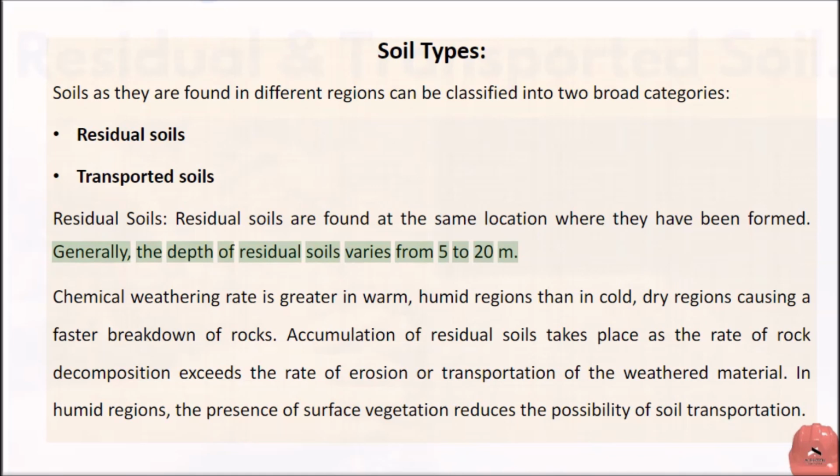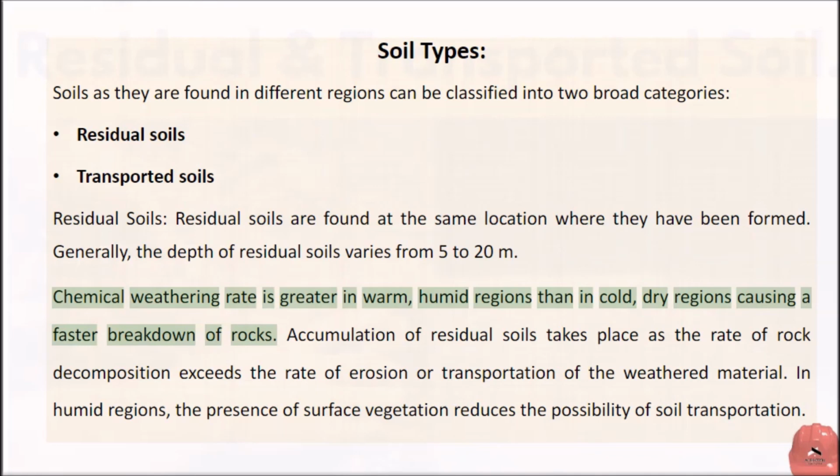Generally, the depth of residual soils varies from 5 to 20 m. Chemical weathering rate is greater in warm, humid regions than in cold, dry regions, causing a faster breakdown of rocks.